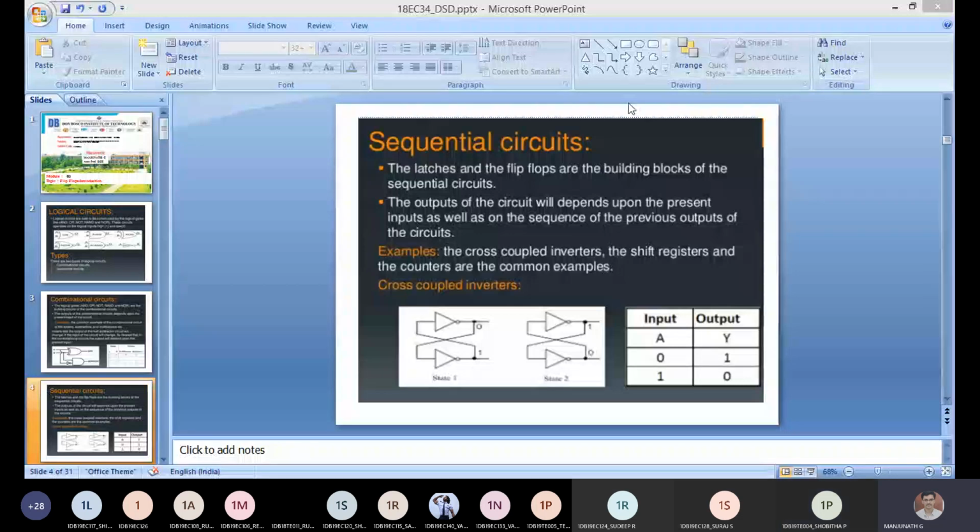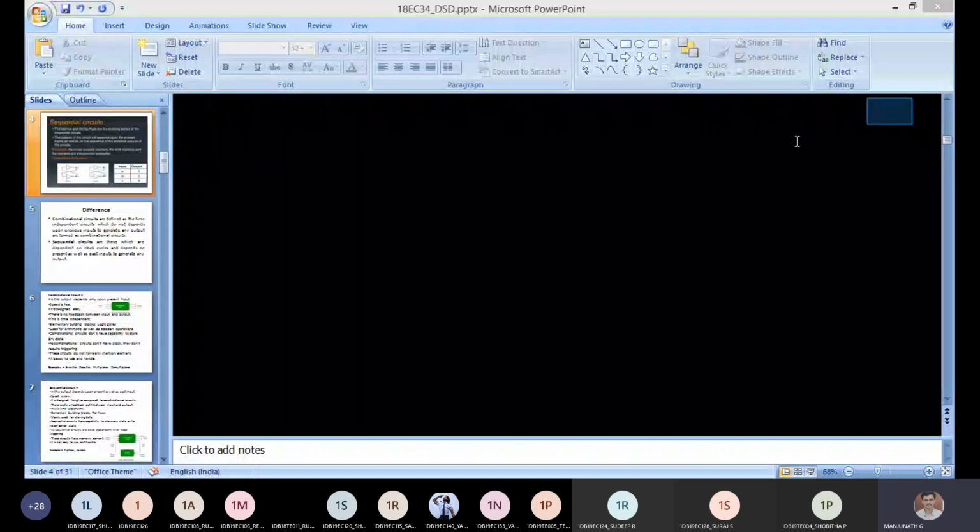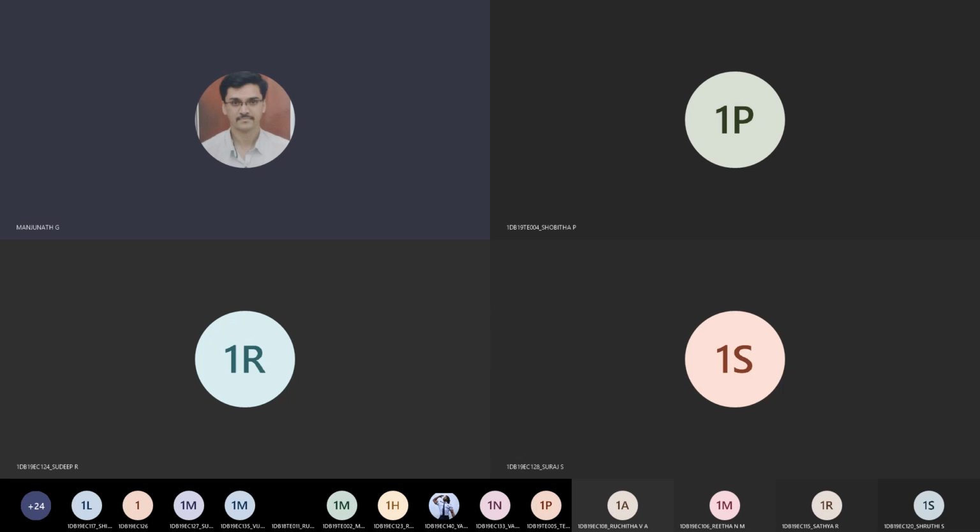The slide is not changing, it's still on the sequential circuit slide. Which slide here? Sequential circuits, latches and flip-flops are the building blocks. Is it still on this one only? Just wait, I'll close the share screen for one minute and share once more. Is it visible now?